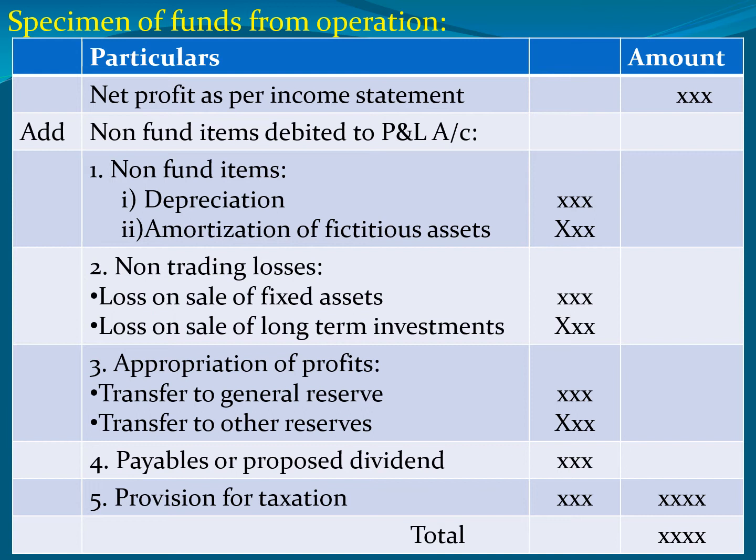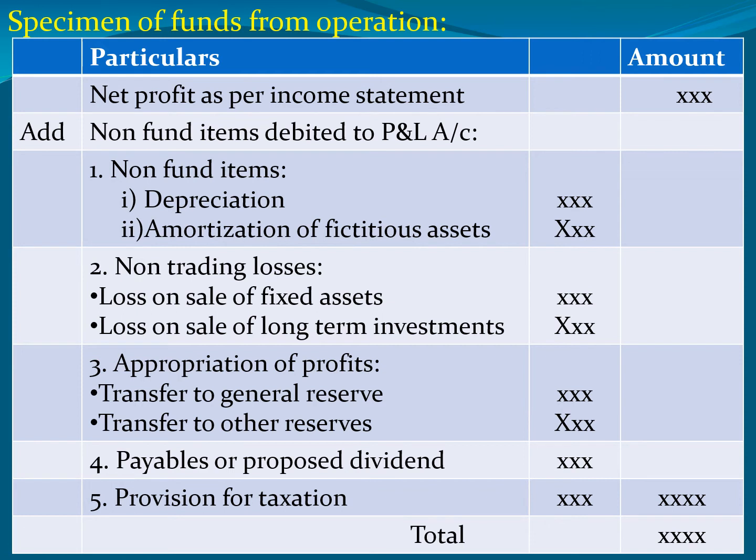So the non-fund items: first one is depreciation and amortization of fictitious assets. Second, non-trading losses like loss on sale of fixed asset, loss on sale of long-term investment. These all are debited to the profit and loss account, now added back.